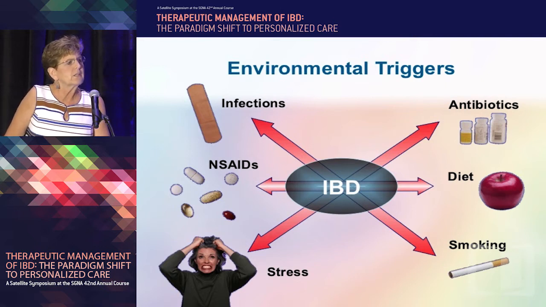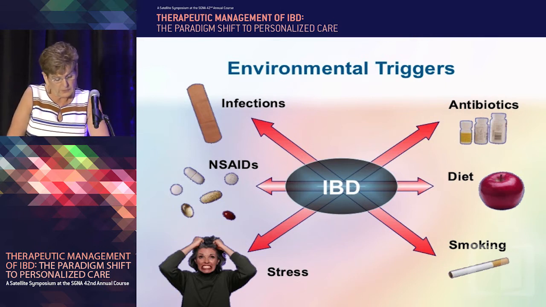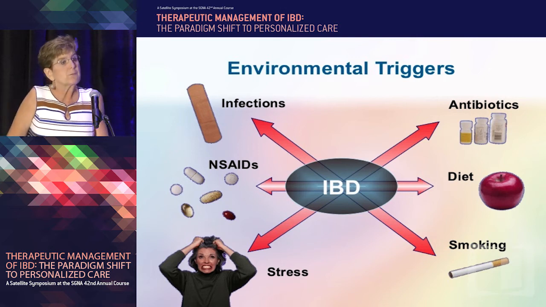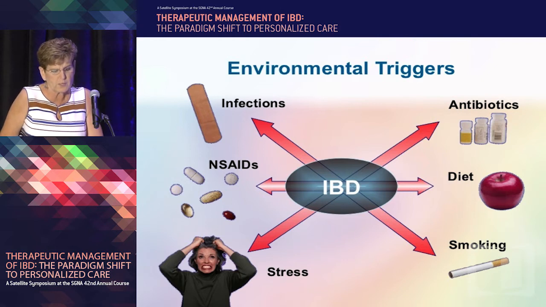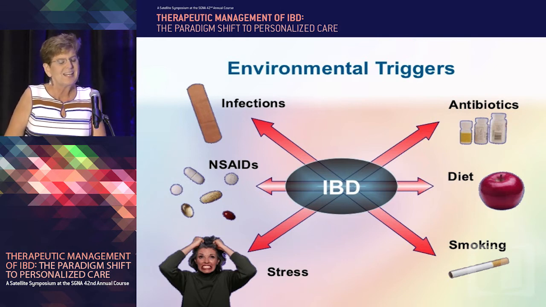So here are the environmental triggers that cause an abnormal immune response. There are studies that stress can contribute to what's going on there. There are different drugs, such as nonsteroidal anti-inflammatory drugs. Antibiotics are on the list.